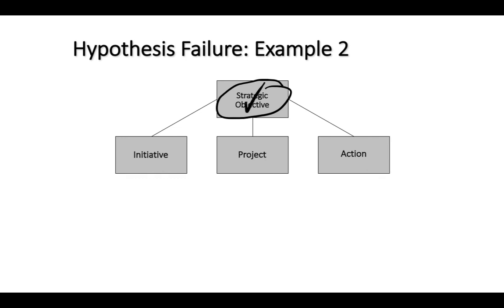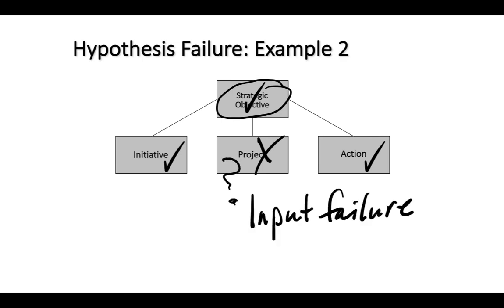Now let's look at a second example, which you will see is a little bit different than the first. This time, we have actually achieved the strategic objective. And in our validation efforts, here is what we have observed. The initiative and the action went exactly to plan, but in this case, the project failed. So in terms of a hypothesis failure, this would be called an input failure.